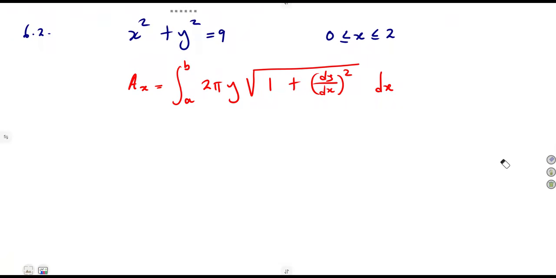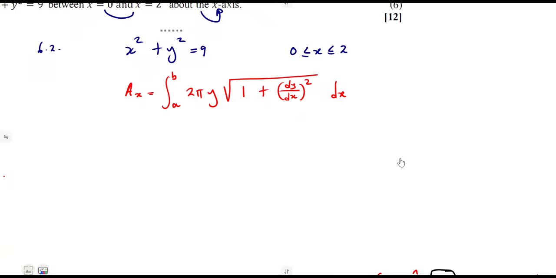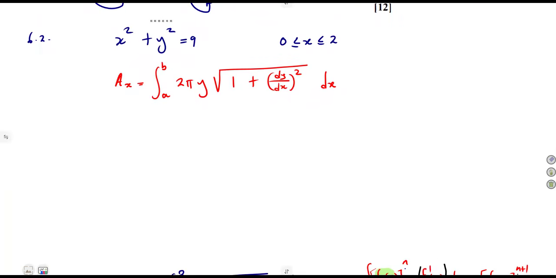Just like the previous case, we need to find what is under the square root, which is all this derivative. And another thing that you must consider is this y here, with respect to x. So y here is supposed to be in terms of x. We cannot integrate something that has y while they are saying with respect to x.